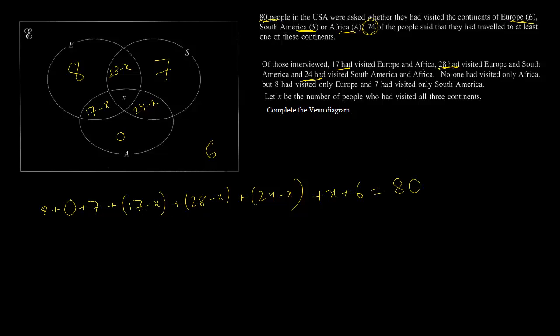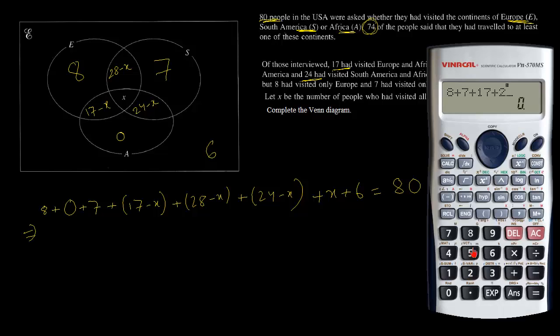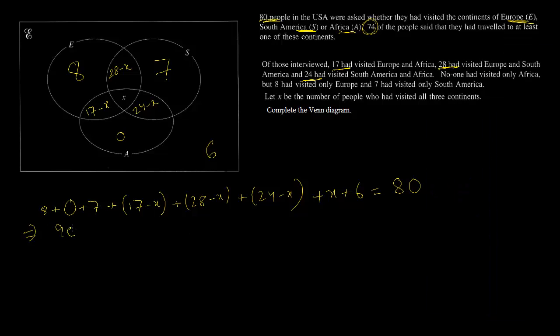So from here we can do simple arithmetic and find how many people went to all. 28 plus 24 plus 6, that is 90. And when we write 90, minus x minus x minus x is minus 3x, plus x. So x minus 3x is minus 2x equals 80. We can write minus 2x equals 80 minus 90, which is minus 10. Therefore x equals 5. 5 people went to all 3 continents.